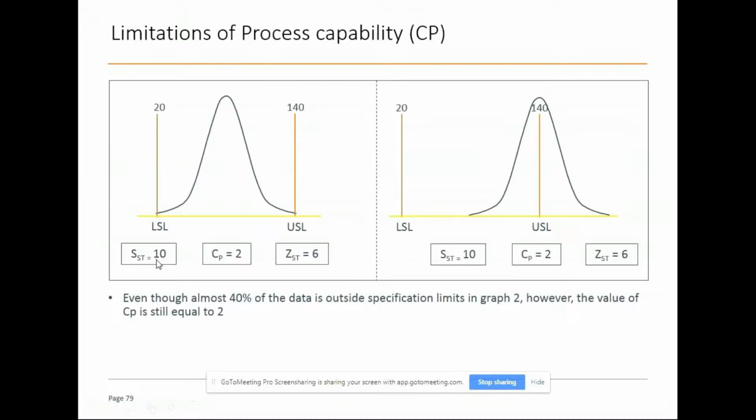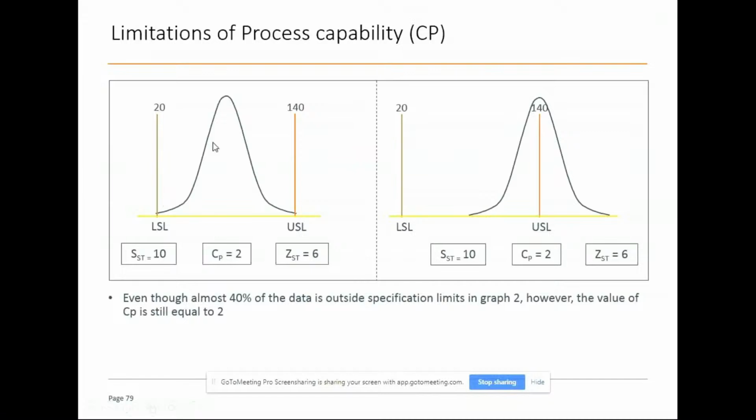The value for standard deviation is 10. 6 multiplied by 10 is 60. So 120 divided by 60 is 2. The value for CP is equal to 2. Z short term is 6 here, because Z short term is CP multiplied by 3.